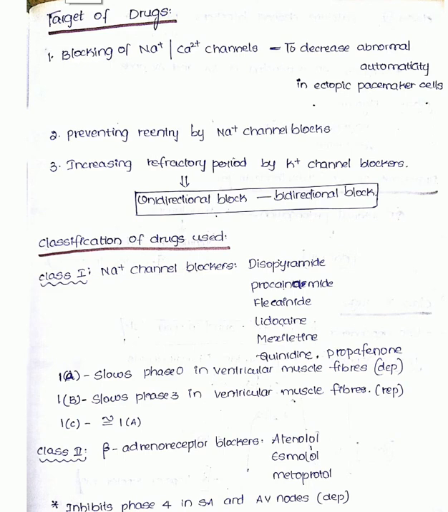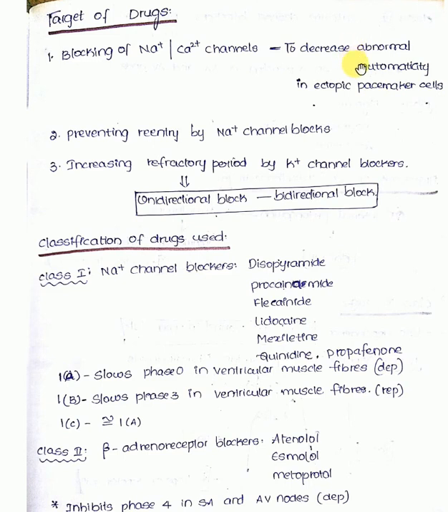Till now we have seen what the causes of arrhythmia are, and now we are going to see what the drug targets in case of arrhythmia are. First, we have to block sodium or calcium channels. We block sodium or calcium channels to decrease abnormal automaticity. We have seen this abnormal automaticity in case of defect in impulse generation.